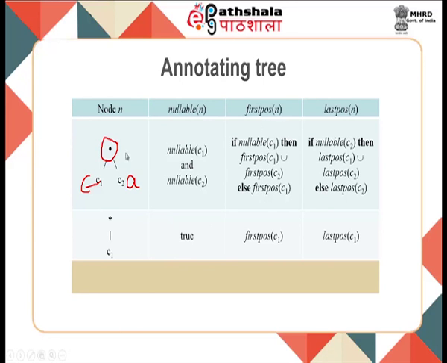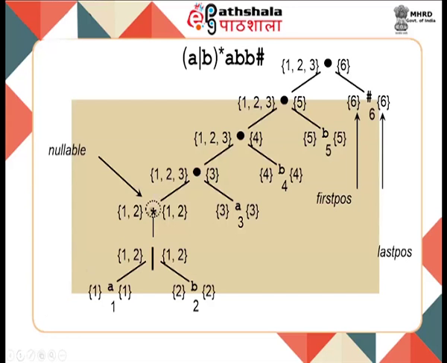So for the interior node, it is nullable of C1 and nullable of C2. Okay, so both the children should be nullable for the parent to be nullable. So here only one is nullable, this is definitely not nullable, therefore none of the interior nodes are nullable except the star node. I think I get this point very clearly here.